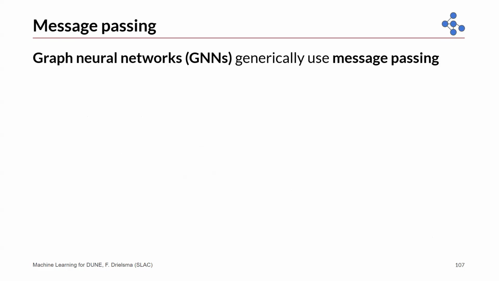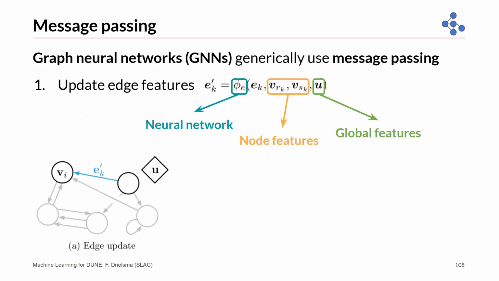That means you cannot give more weight to certain connections than you would other connections. And so there's a more general formulation, which is called graph neural network, which uses the concept of message passing. And the way message passing works is you have progressive updates inside of your graph in 3 different stages. The way you start is by updating the features that are associated with an edge. So you have information about an edge to start with, right? That's what this is.